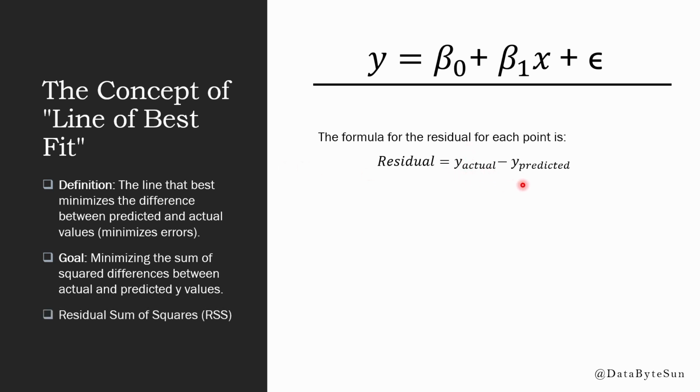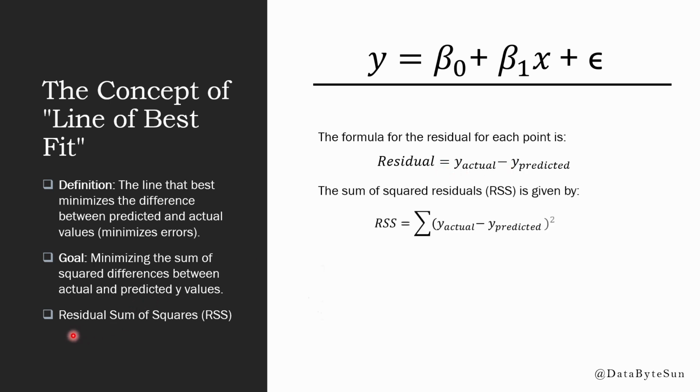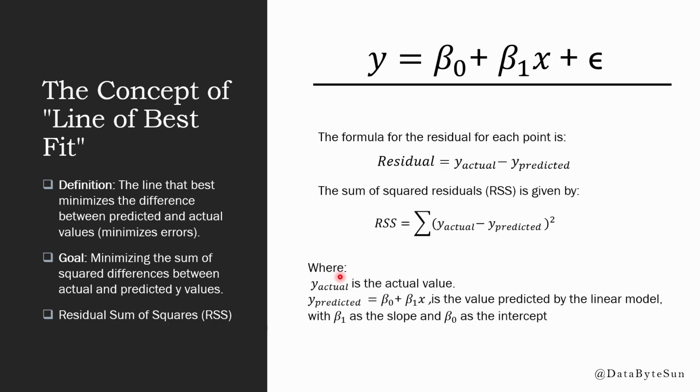To measure how well our line fits, we calculate the residual sum of squares, which is in short RSS, and the formula is given by RSS is equal to summation of y actual minus y predicted whole square, where y actual is the actual value, and y predicted is equal to beta naught plus beta 1x, the value predicted by the linear model, with beta 1 as the slope and beta naught as the intercept.